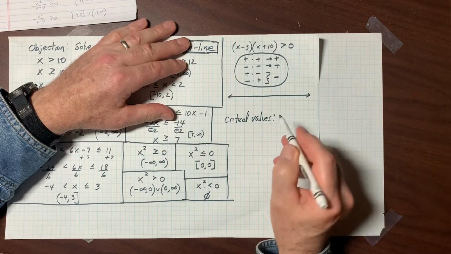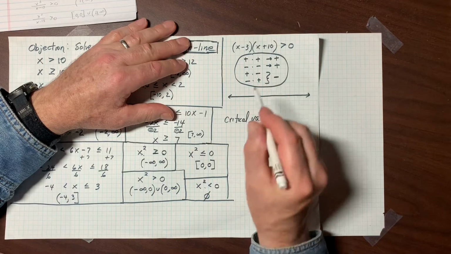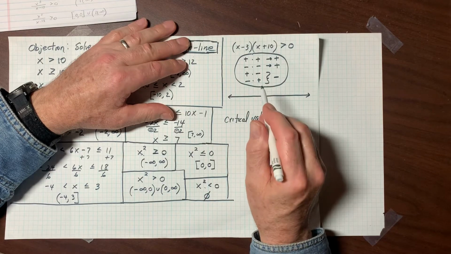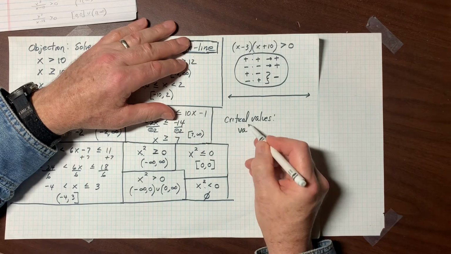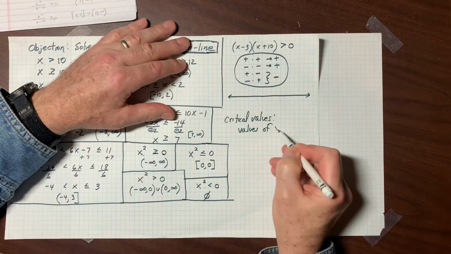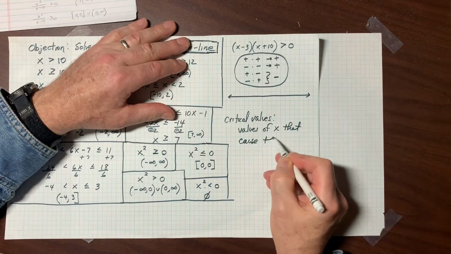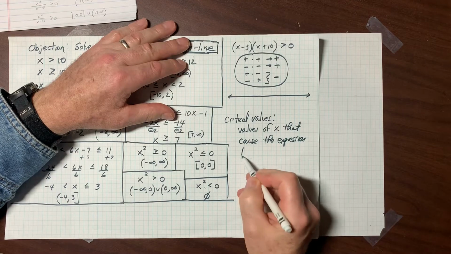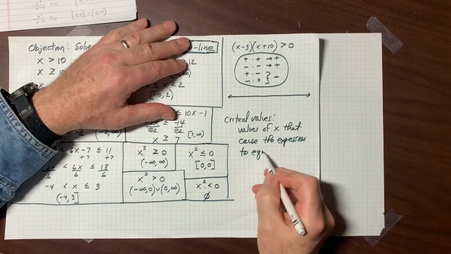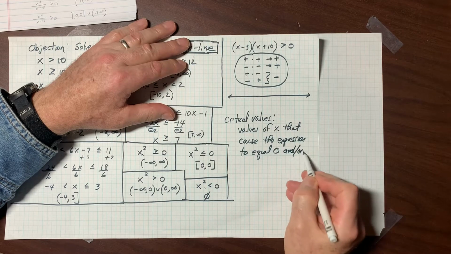The critical values are any value of x that would cause the expression to equal 0 or be undefined.